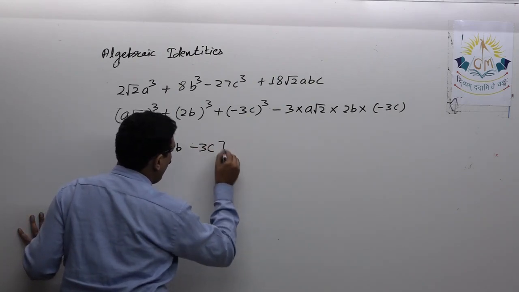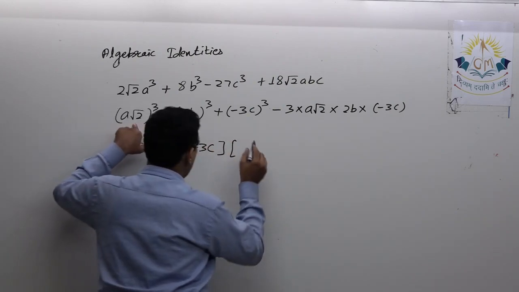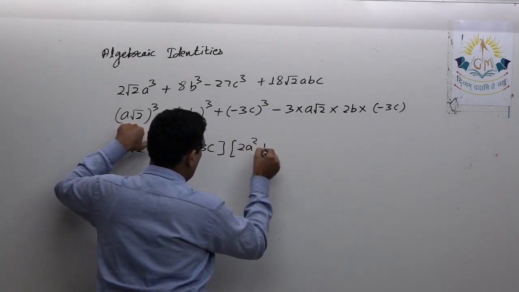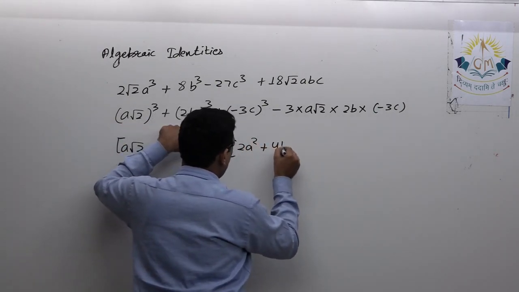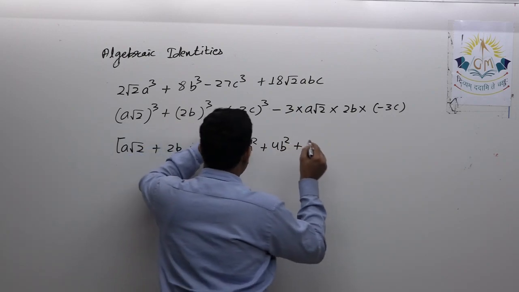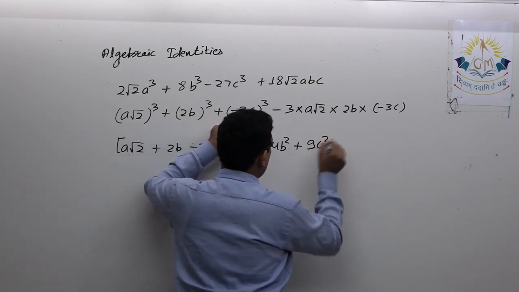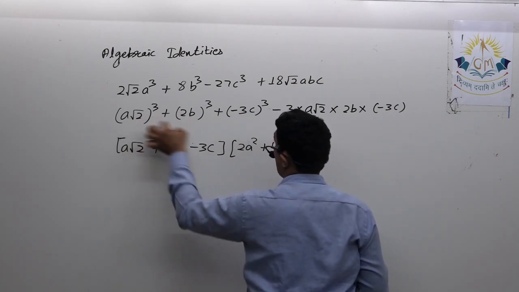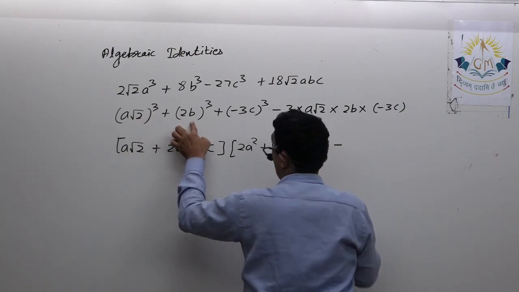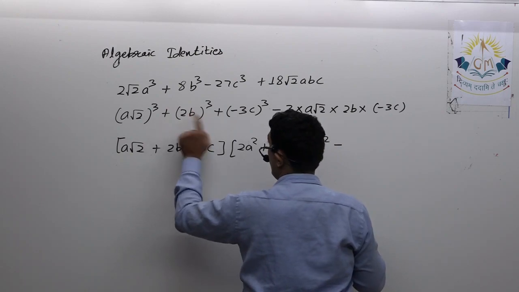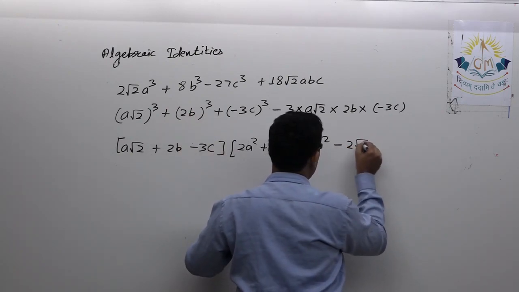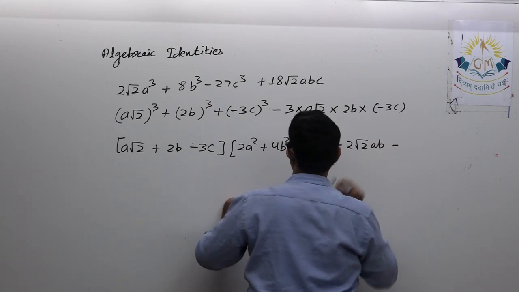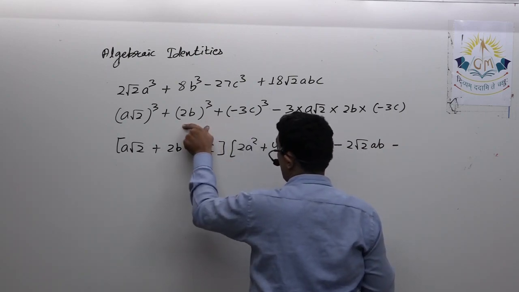Then a square that is 2a square, plus b square that is 4b square, plus c square that is 9c square, then minus ab, that means minus of this multiplied by this, so minus 2 root 2 ab, minus bc, that means this multiplied by this.